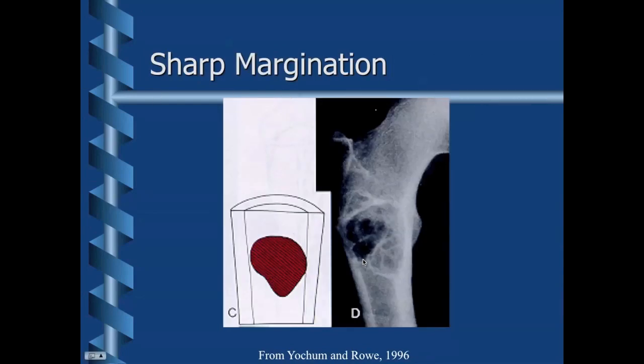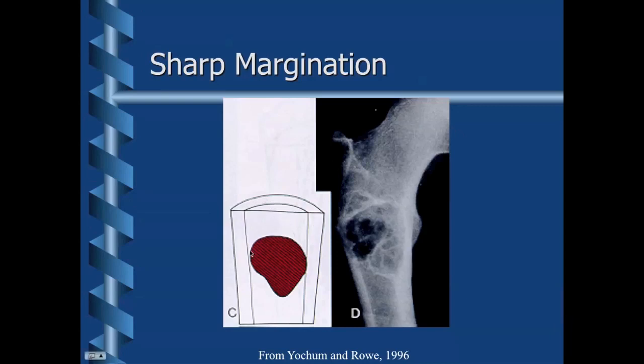In contrast, sharp margination, and if we look at the diagrammatic cutaway here of the femur, just to explain this, that would be the cortical bone surrounding the femur, and this section in here is the cancellous or medullary bone.